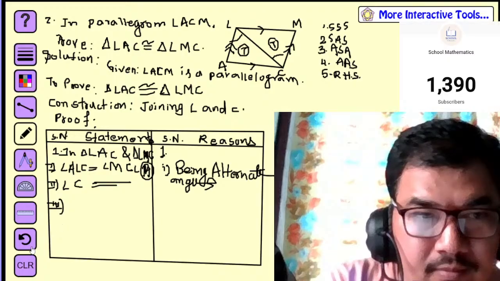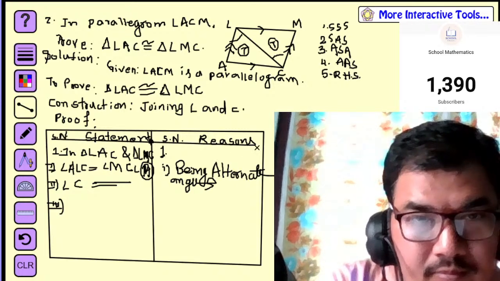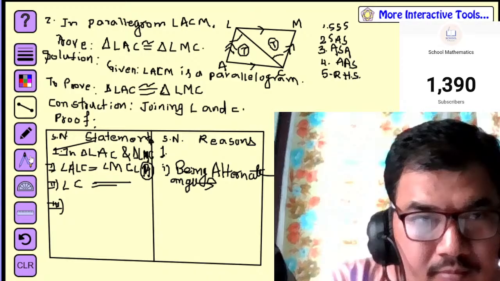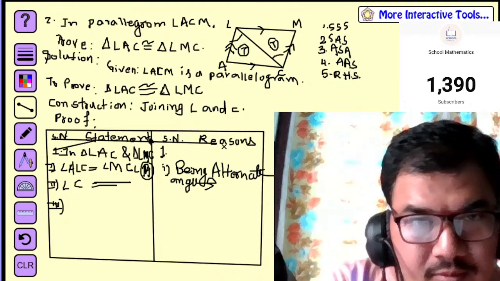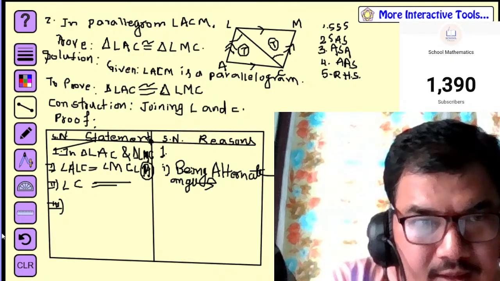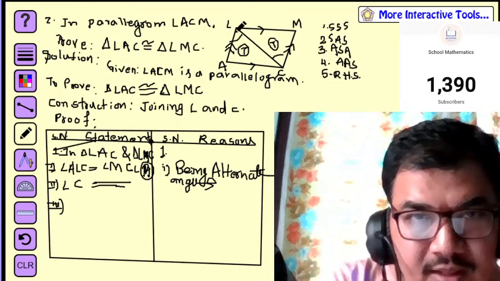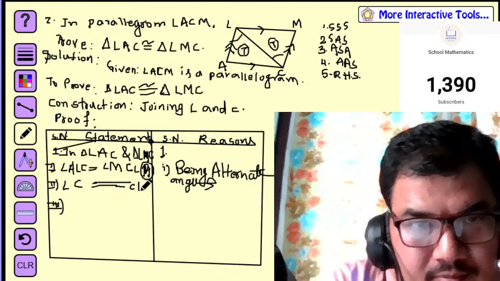Look, students, this LC side and CL side are the same.